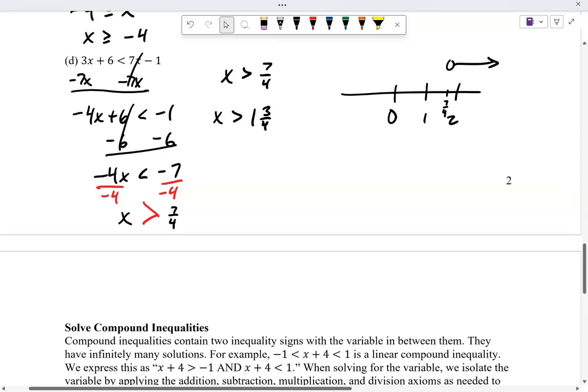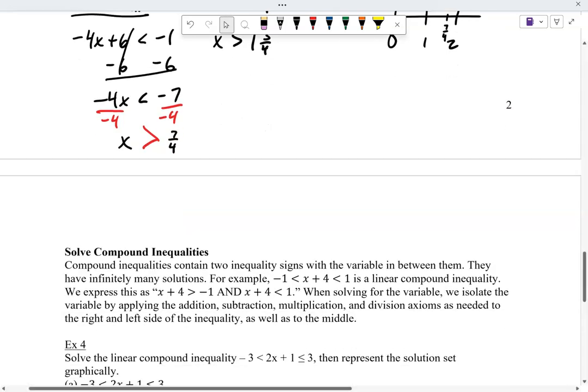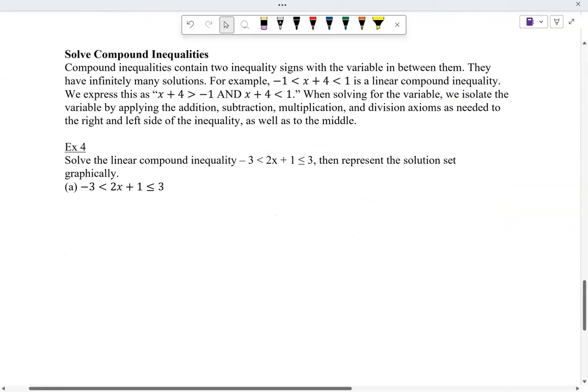All right, now lastly, this section is we'll look at some compound inequalities. Okay, this is an example of a compound inequality. And it's made up of two statements. Let me start up here with the top right here.